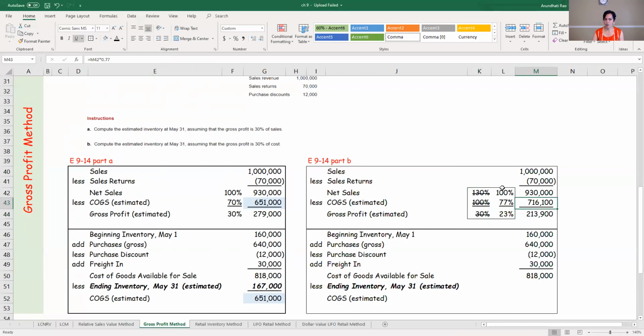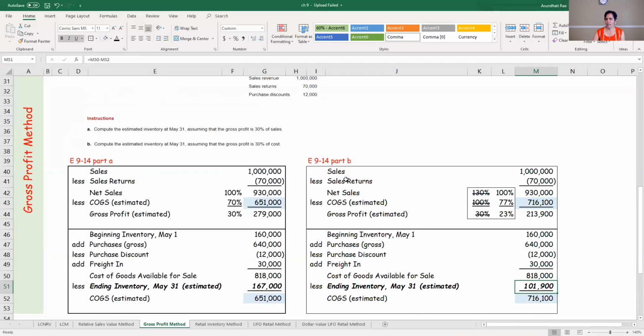This number that I have over here, again highlighting it, I bring that down over here now. 716,110. The plug number then would be my ending inventory, the estimate, 101,900.